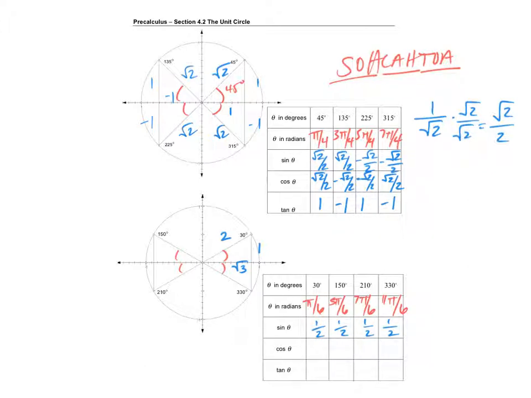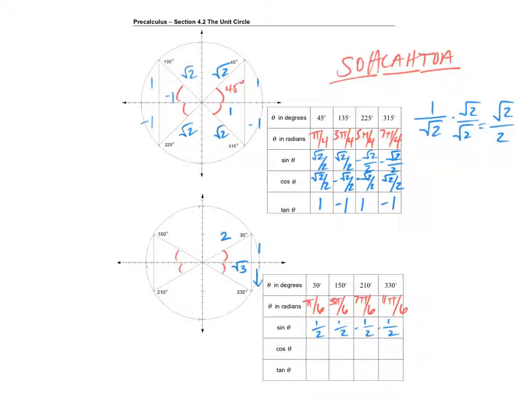At 150 degrees, my x value doesn't matter. I'm just looking at my y, which is still a positive, and then my hypotenuse is a positive too, because I'm just looking at the distance, so it stays positive. Now, in quadrants 3 and 4 for 210 degrees and 330 degrees, because I am going in the negative y direction, these are going to be negative numbers.